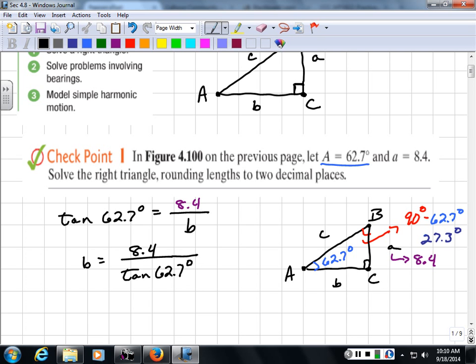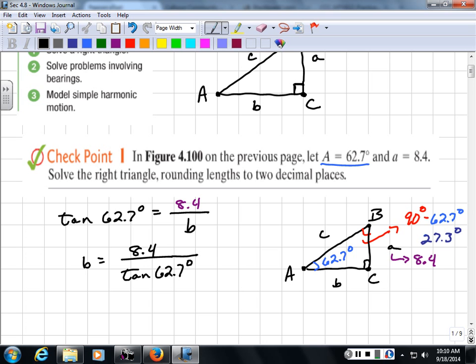Carry your calculations out to 4 decimal places. You can then round off to a single decimal place at some point after you've done all your calculations. Now, why is b equal to 8.4 over the tangent of 62.7?